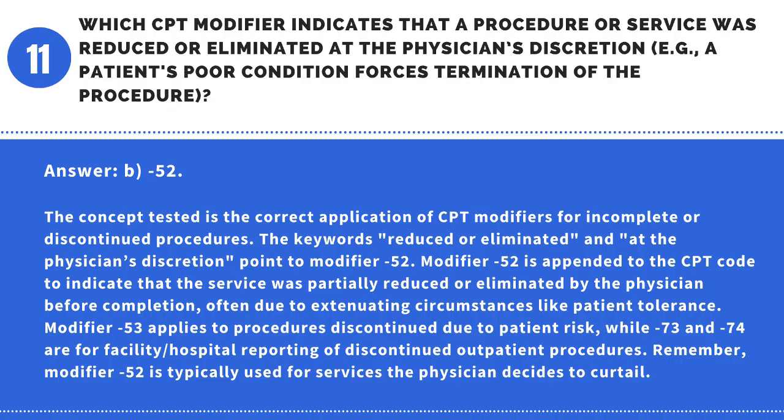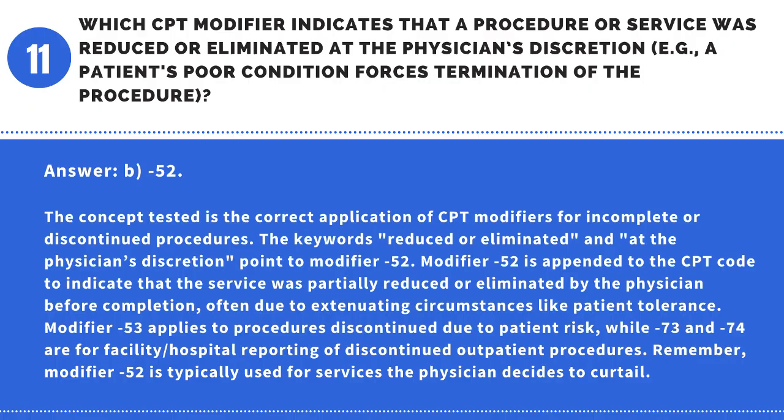-52. The concept tested is the correct application of CPT modifiers for incomplete or discontinued procedures. The keywords "reduced or eliminated" and "at the physician's discretion" point to modifier -52. Modifier -52 is appended to the CPT code to indicate that the service was partially reduced or eliminated by the physician before completion, often due to extenuating circumstances like patient tolerance.